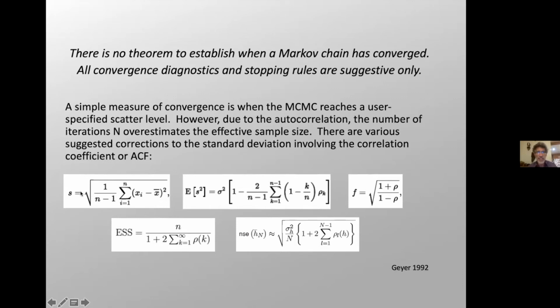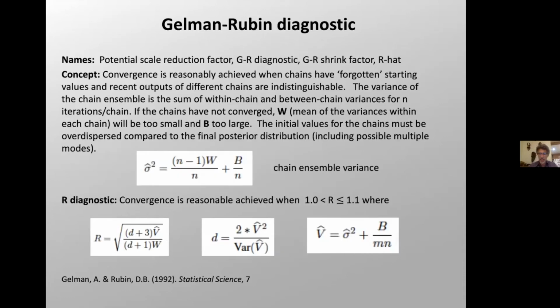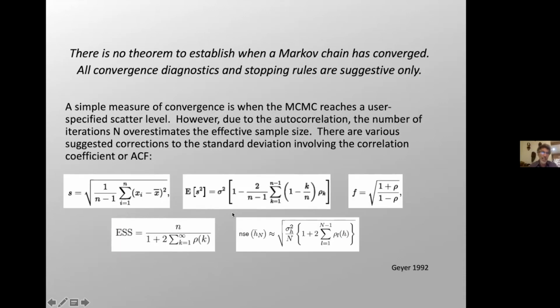And as you can see, it's a little complicated. It involves some calculations here, involving correlations here, and you have to jump through several calculations to estimate it based on the autocorrelation function of the chain at that time.